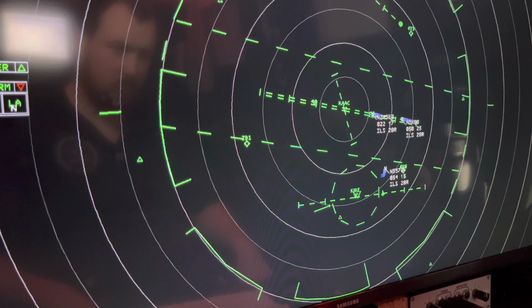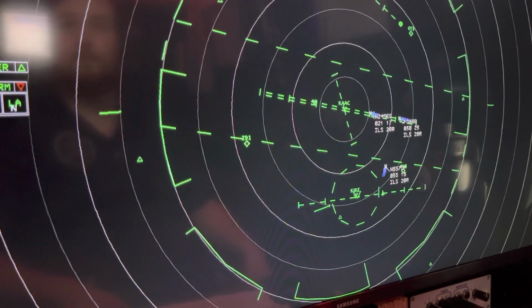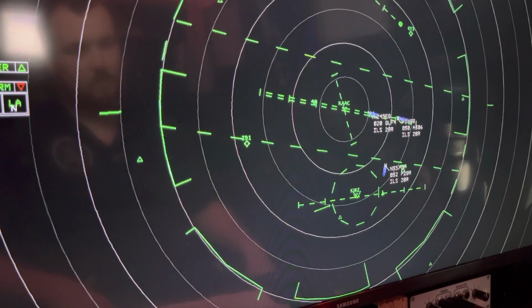But if you're already sitting at 3,000, the altitude alert is going to go off at 2,900. So even if you start correcting immediately, it will probably still go off. In which case, you were already correcting it. You're already working on this. Whatever you've got to do.